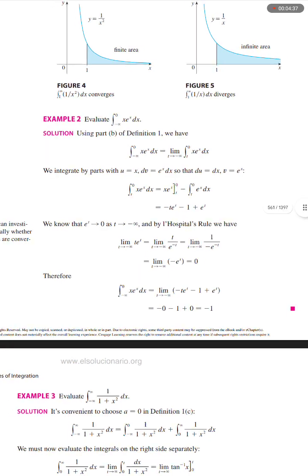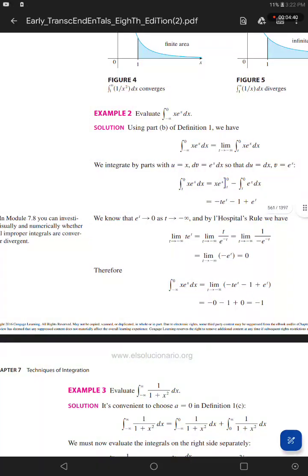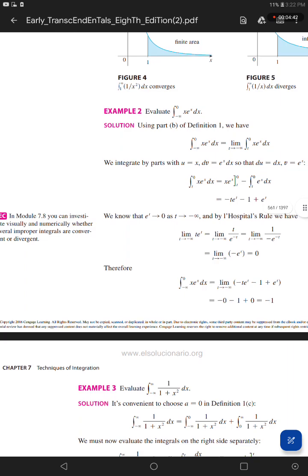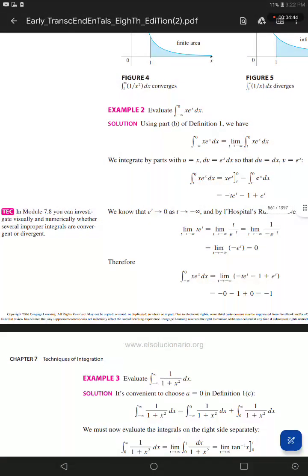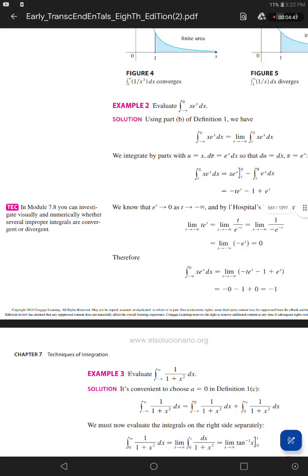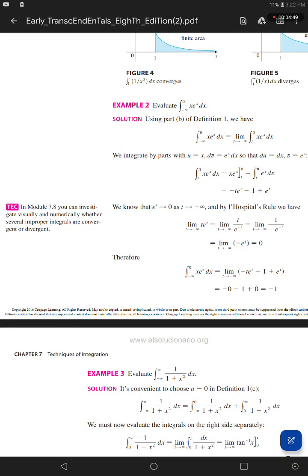We integrate by parts, with u equals x and dv equals e to the x dx, so that du equals dx and v equals e to the x.